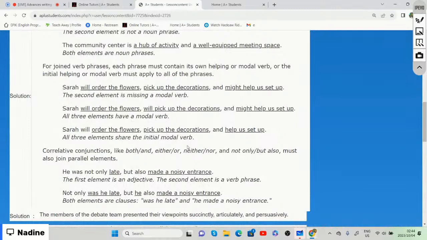All right. And remember, we said that for joined verb phrases, each phrase must contain its own helping or modal verb, or the initial helping or modal verb must be applied to all of the phrases.